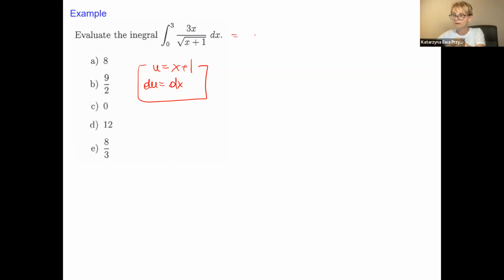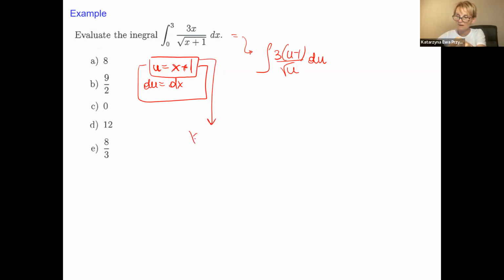That means we will have square root of u, du is dx, so I can put du, but what about x? I can't really put x. We have to figure out what x is in terms of u, and this will be u minus 1, if I take this substitution and solve for x.